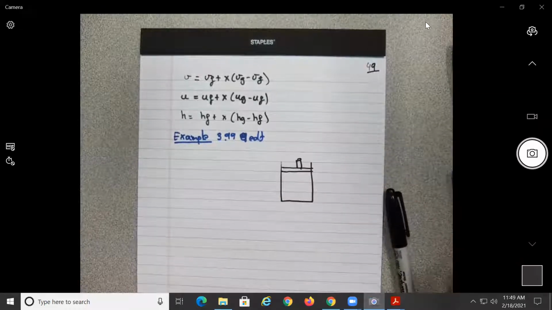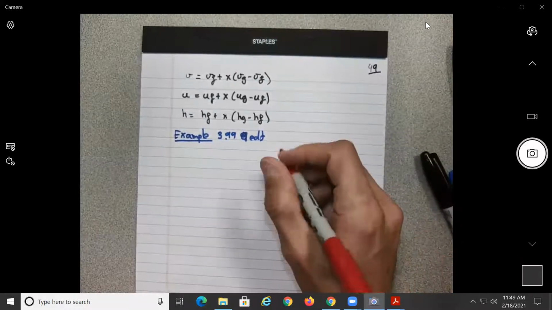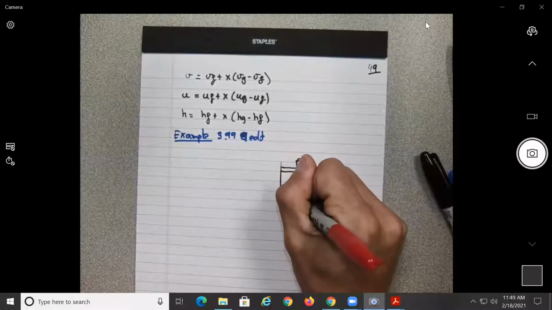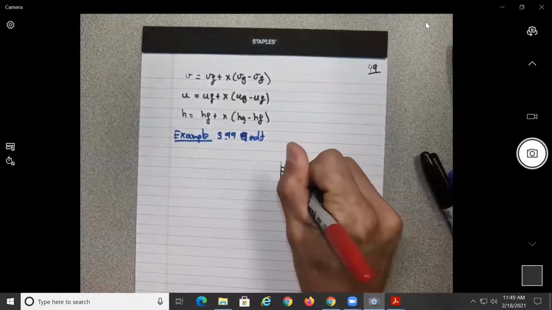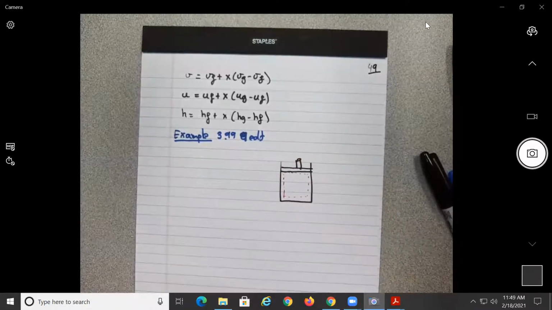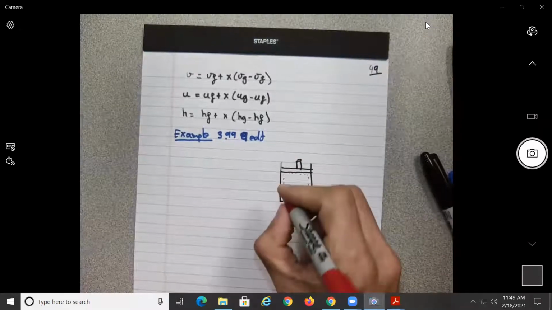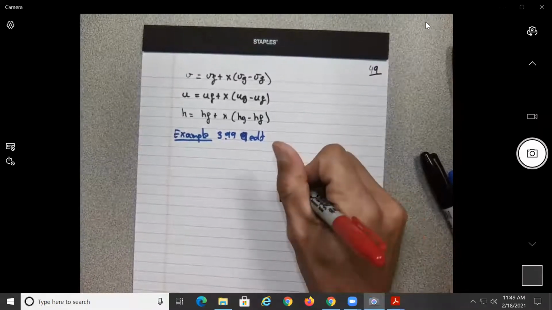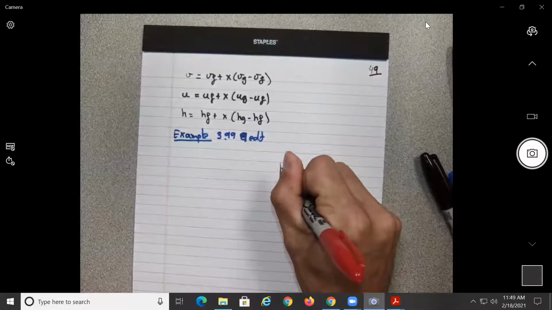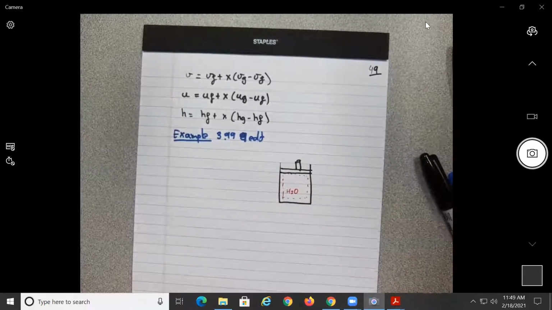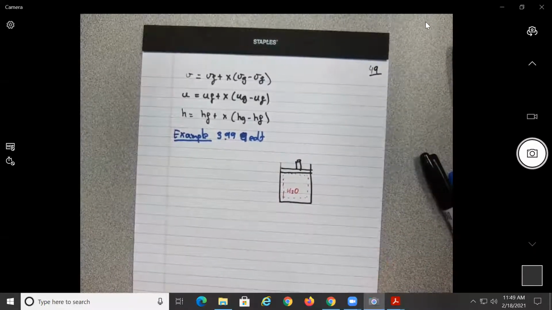Why is that important? Because you know we are dealing with a closed system. We haven't covered yet the other type of system, but it will be coming. And if it's steam, what type of substance are we dealing with? Water, no? Okay.